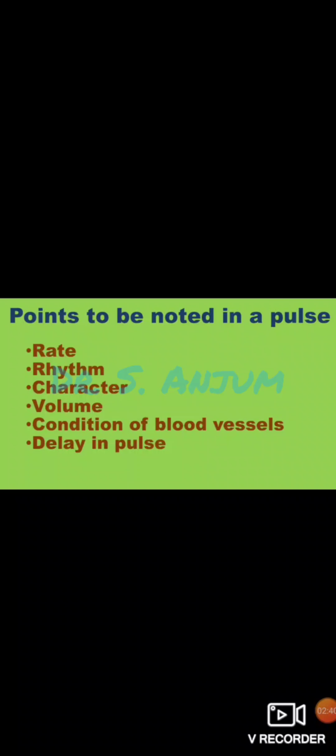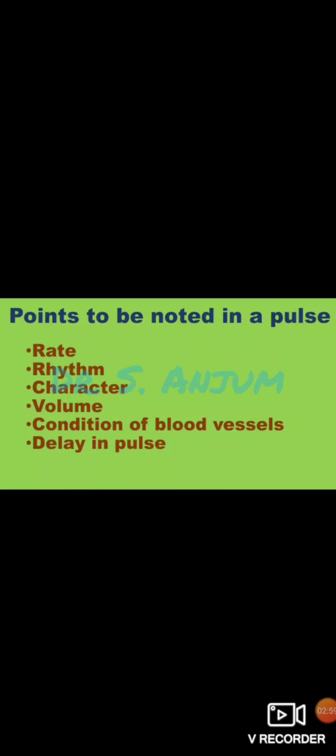So before coming to the pulse points, how will you describe a pulse? If an examiner gives you a subject to examine the pulse, how will you describe it? You have to say all the points. The pulse rate is whatever you get, 70, 80, 90.